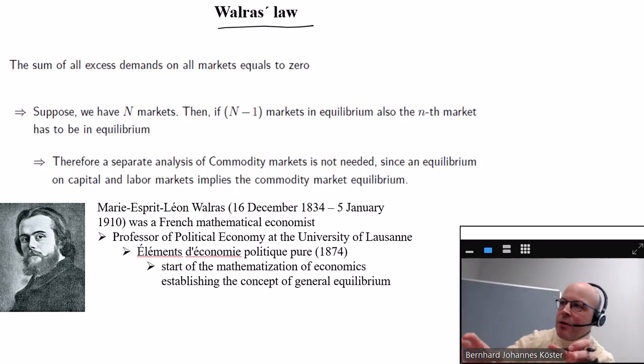So if we look at one single market, then we know, of course, in our case especially with capital and labor, we need these two levels in order to produce later on. And then his argumentation was, well, we have many different markets in our economy, and all these markets are interacting.